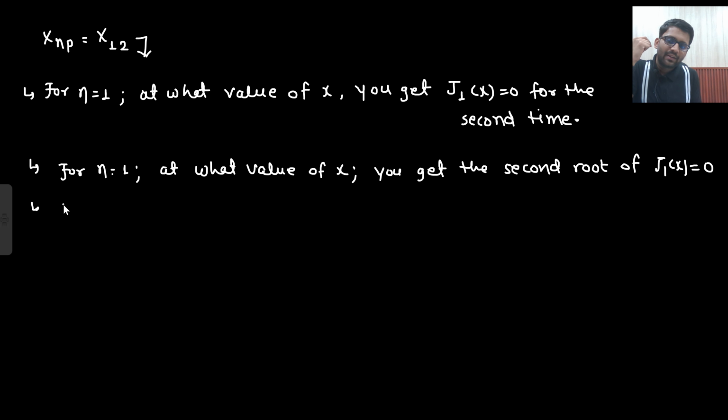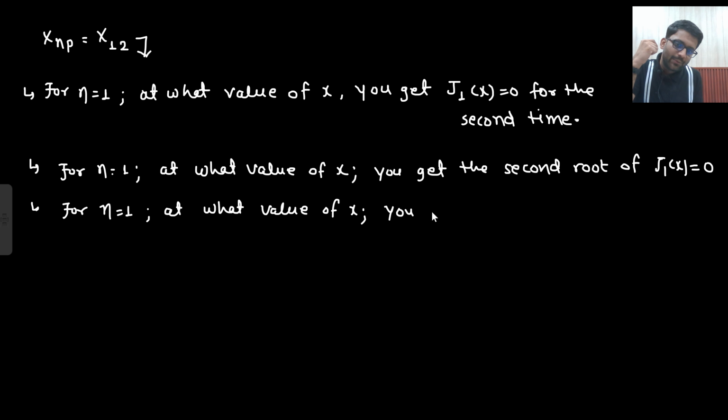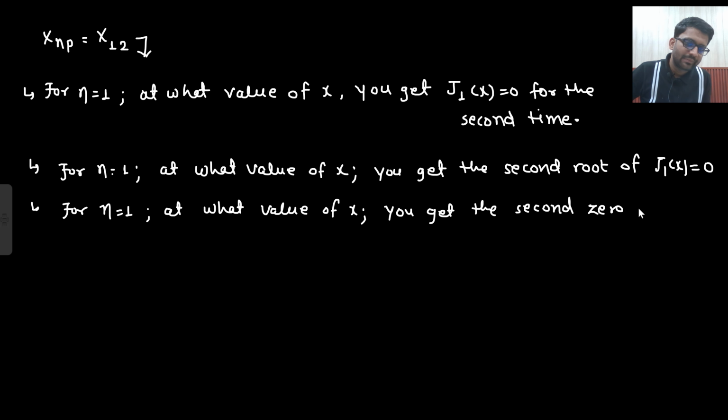Or what could be the other way? For n equals 1, at what value of x do you get the second zero of J1(x)?